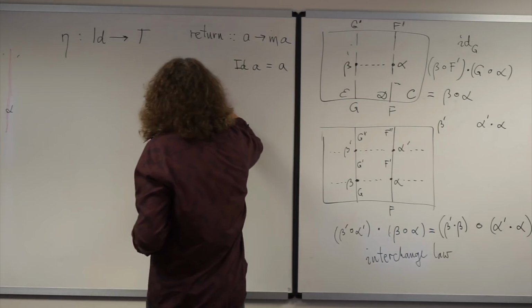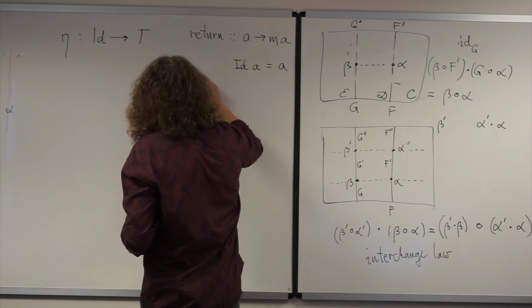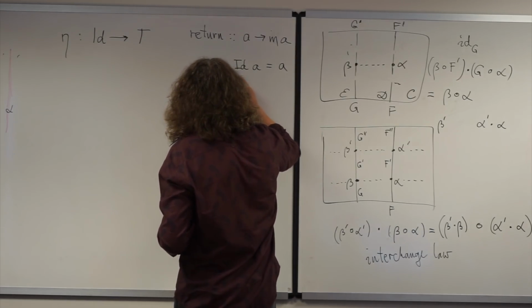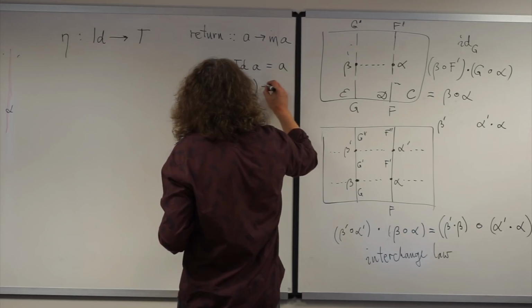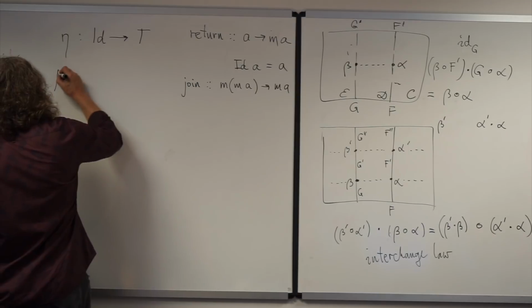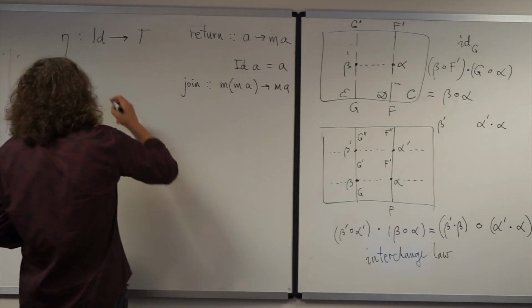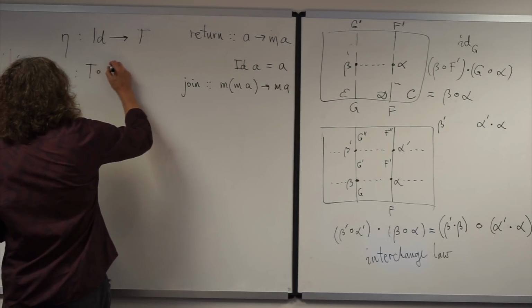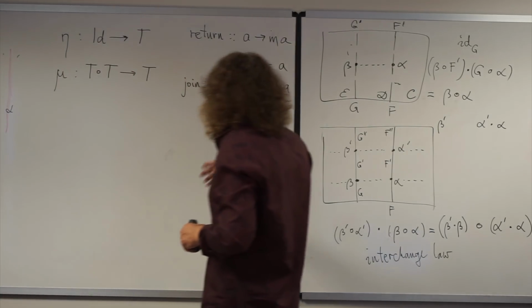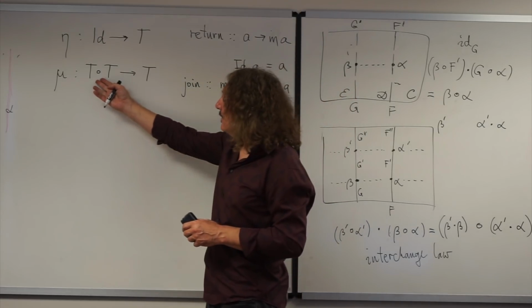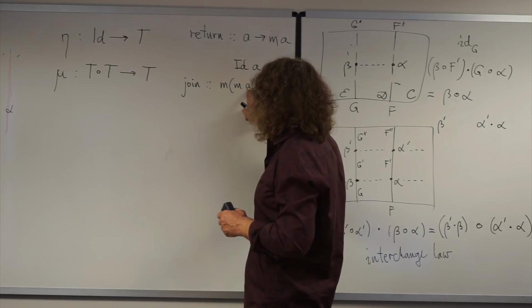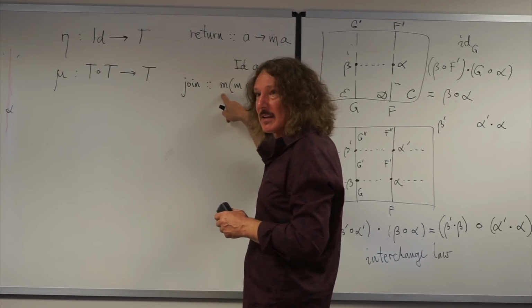And the other one, which we call join, goes from MMA to MA. Mathematicians call it mu, and they say it goes from T composed with T to T. The component of this at A is exactly this: I act with M first on A, and then on this result I act with M again.